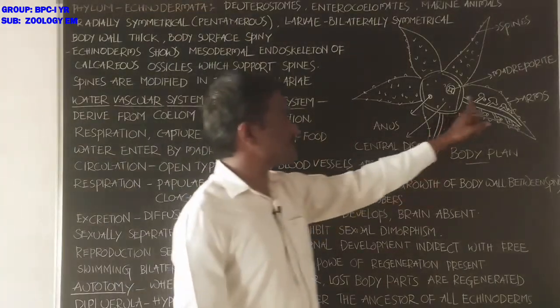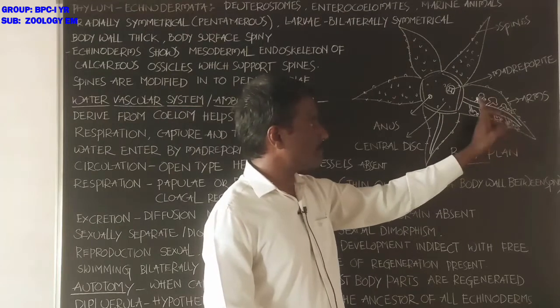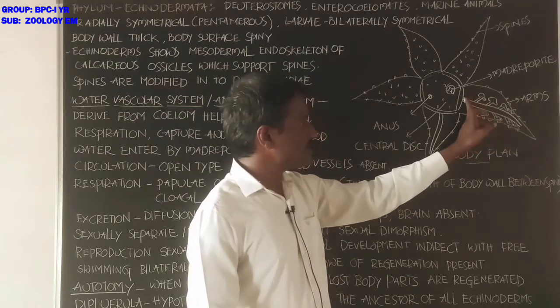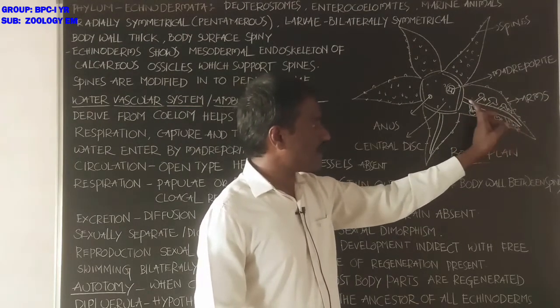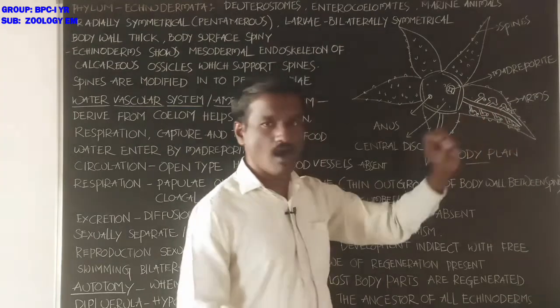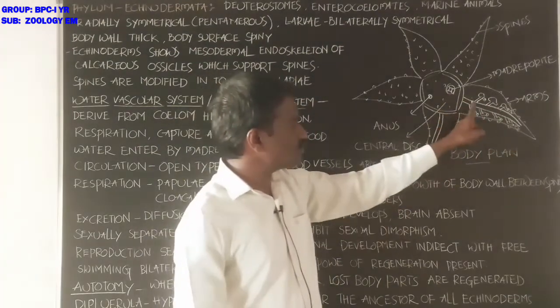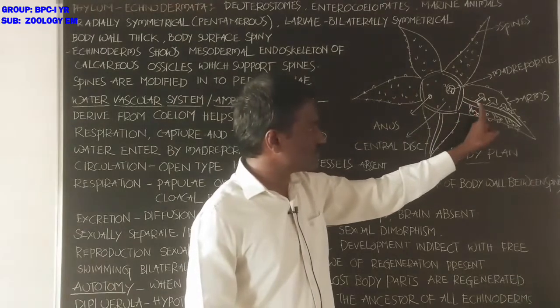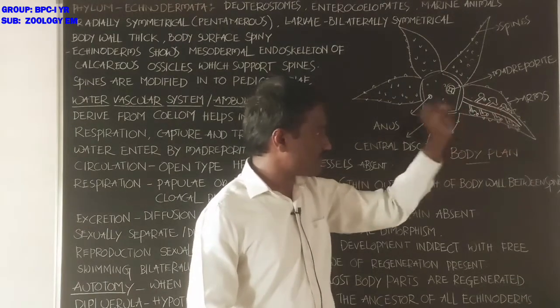Student, this is the arm of the echinoderm. This canal-like arrangement is called the radial canal. Each arm shows this type of canal system.